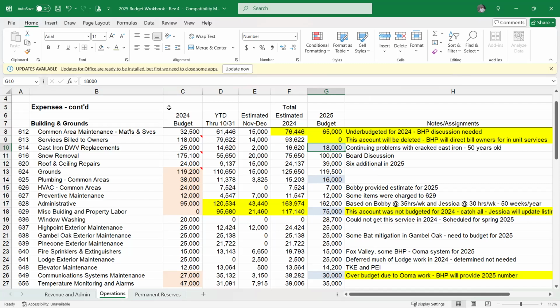If they crack, we're going to have to fix them, and they're only getting older. Okay. So even though we only spent under 17,000 this year, you want to keep it at 25. I do. I think that having a budget based 100% on the very best case scenario is where we end up in trouble, and we need to allow for this to be a bigger number considering the age of the cast iron.